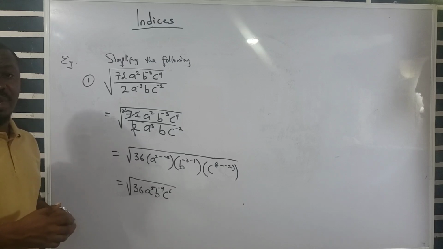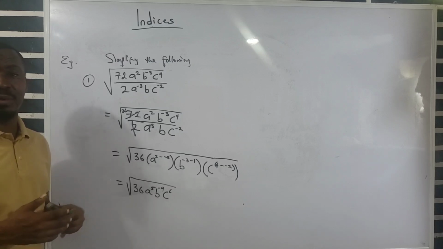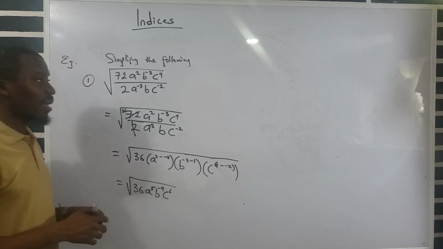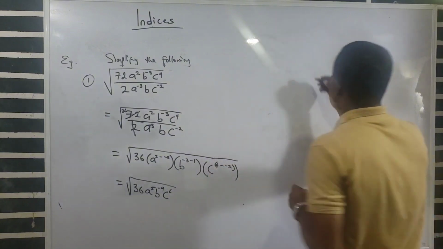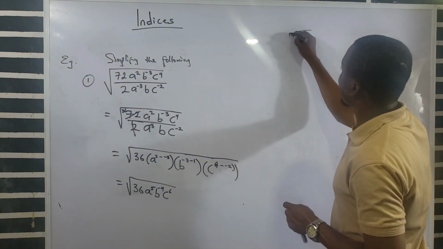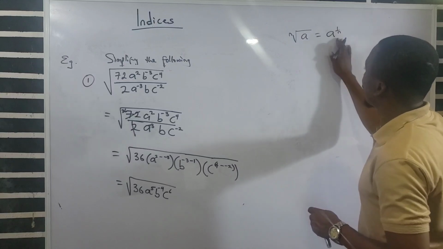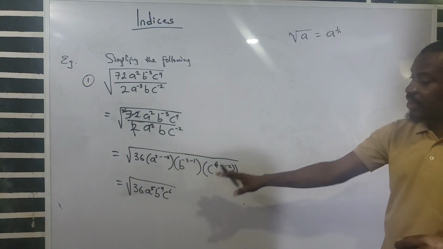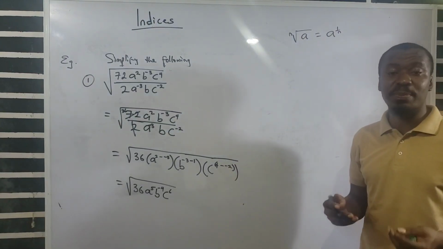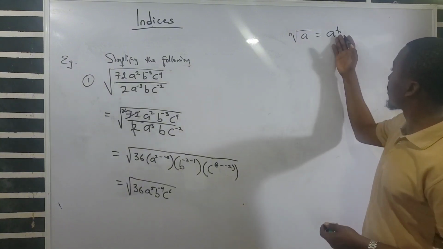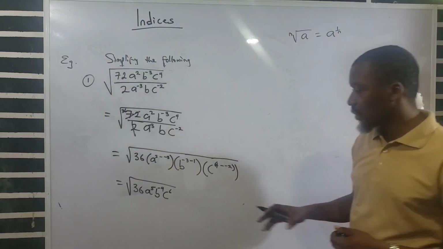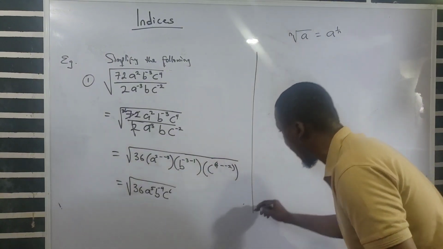If they're not perfect squares, you can actually change them to indices. Okay, what I mean by changing them to indices, remember one of the laws, we say that if you have nth root of a, that will give you a to the power 1 over n. So with this, you can actually change everything there. Those ones that are not perfect squares, you can actually express them in this form. So let's finish it up here.